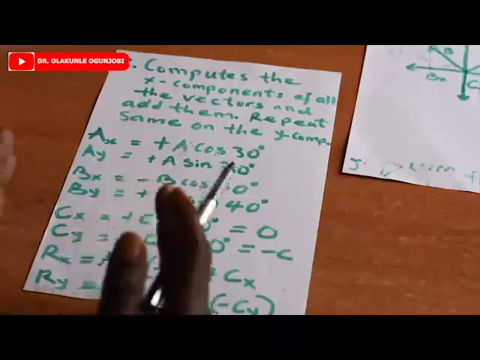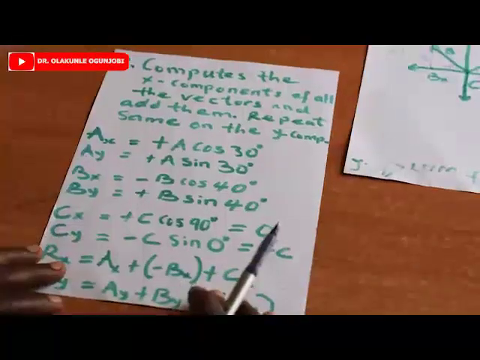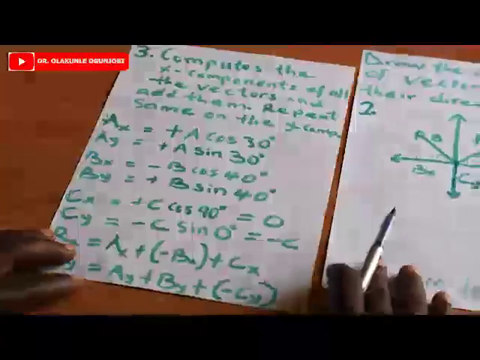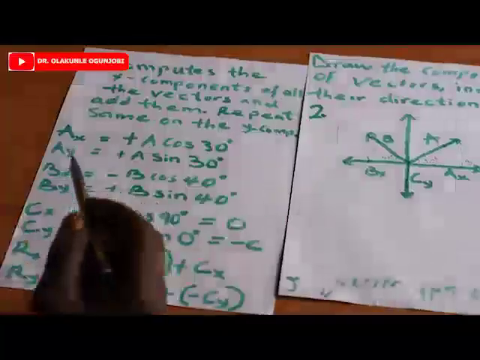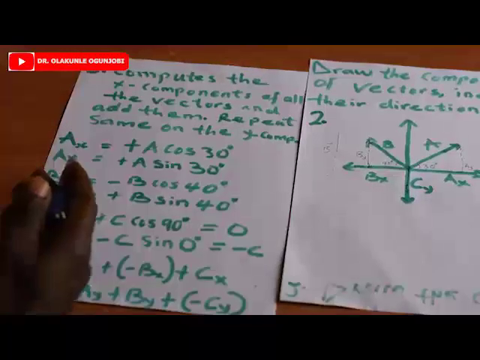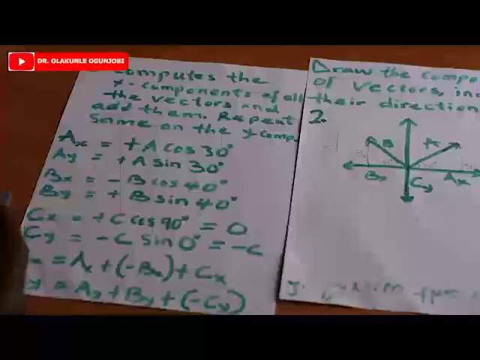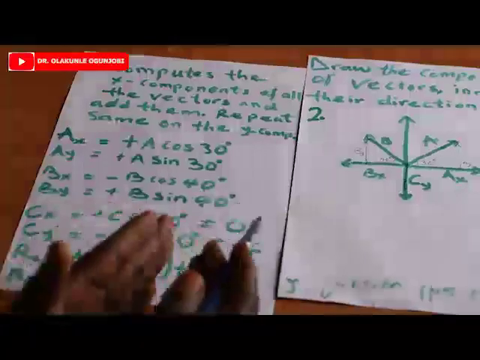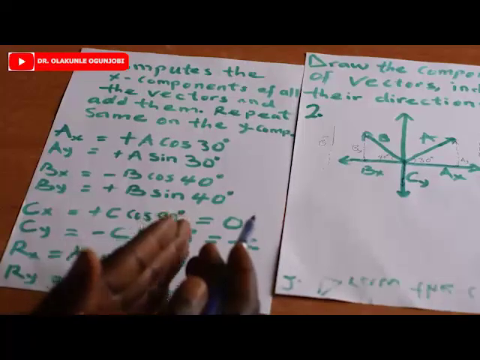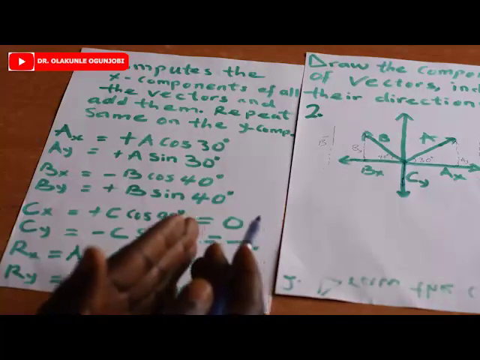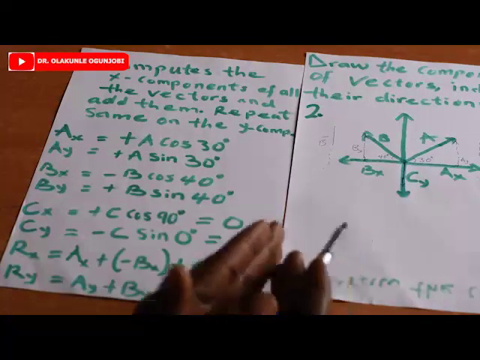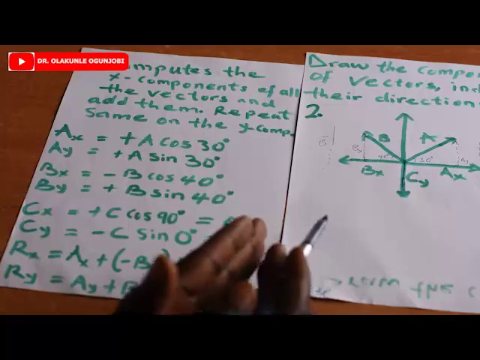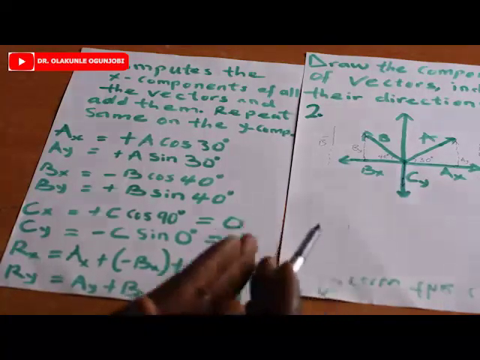You repeat the same for the y components. For the a side, you have ax and ay. For vector b, you have bx component and by component.